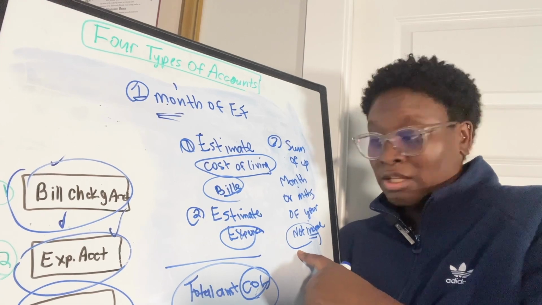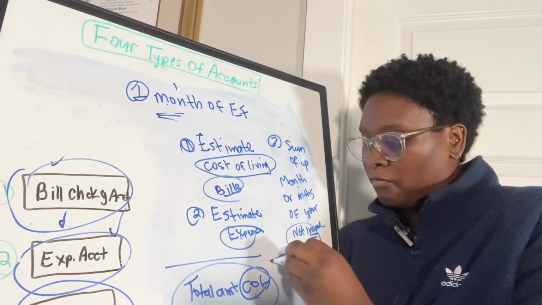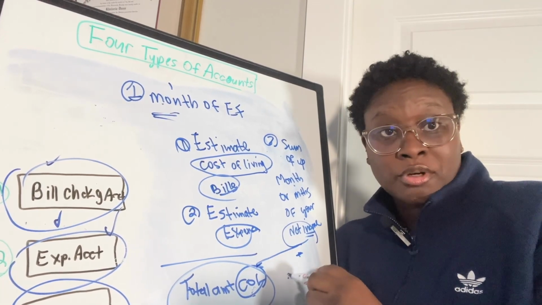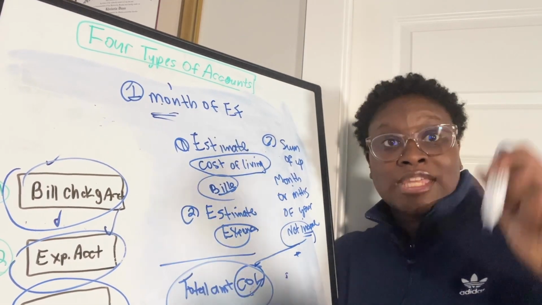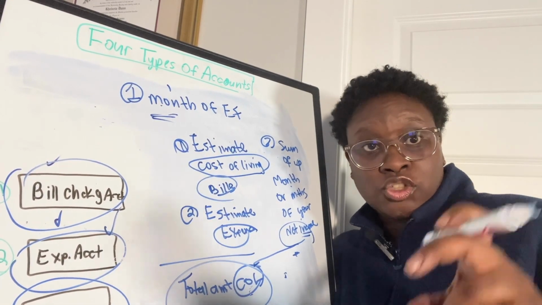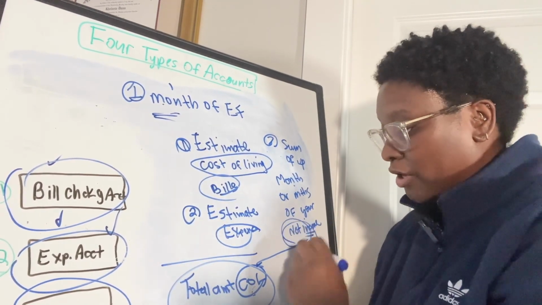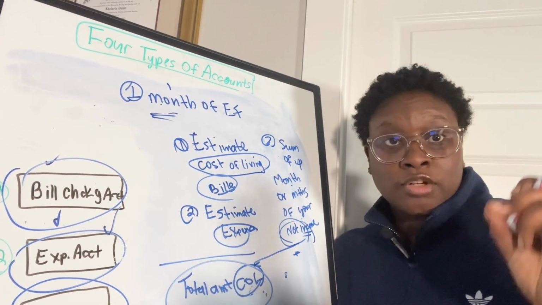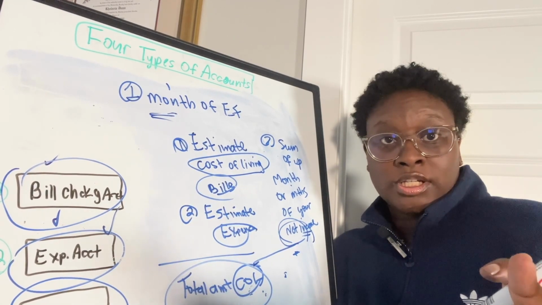Okay. And then you want to subtract your total cost of living from your net income and see what that number is. And if it's positive, then figure out how much you can take out of that net difference of your net income and your cost of living and say, okay, I can only afford to put away $30 towards my emergency fund.